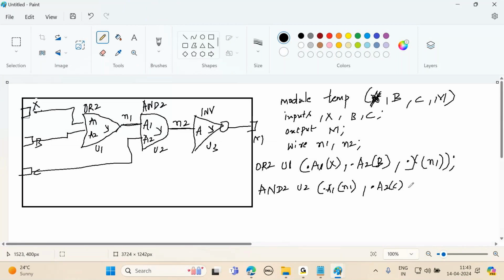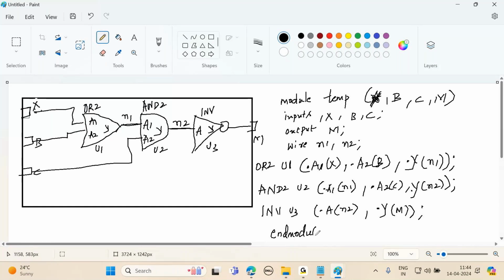C. Dot Y, where is it connecting? N2. Next, I have only one inverter, INV U3. Dot A, it's connecting to N2. Dot Y, where is it connecting? M port. N module.